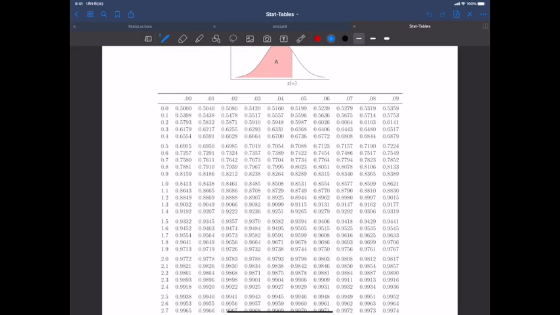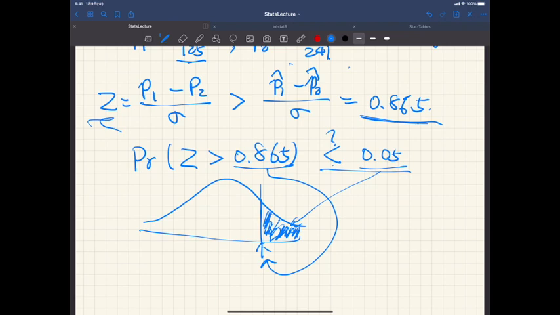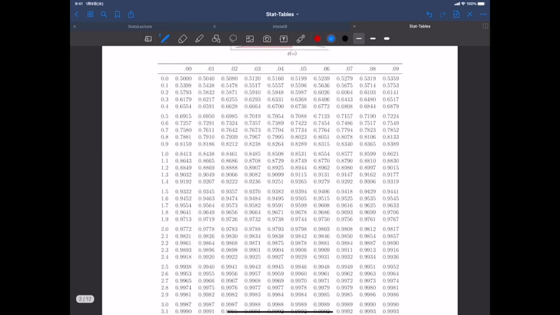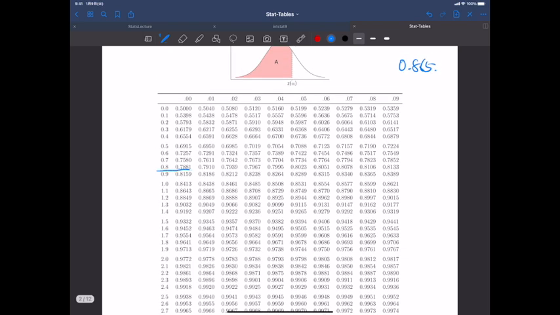So let's see, what was the value? 0.865. Somewhere around this area.